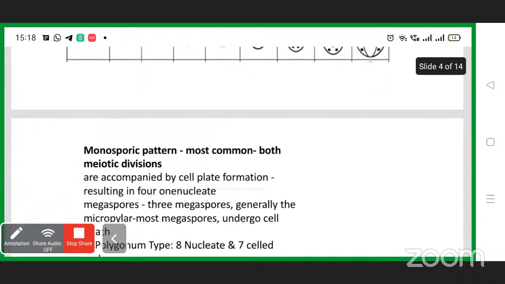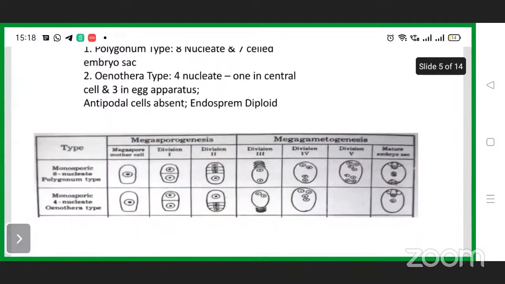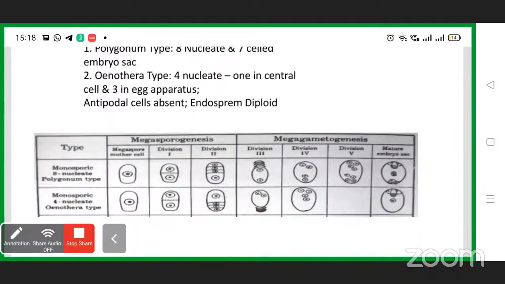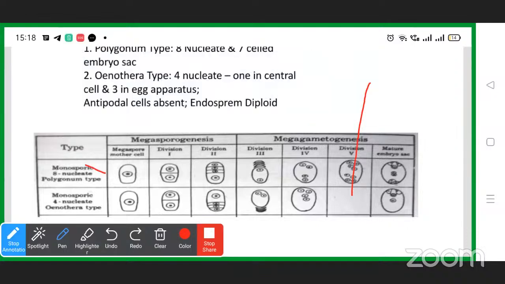Okay, and in the monosporic there are again 2 types: the polygonum type and the oenothera type. In the polygonum type, the chalazal megaspore remains and takes 3 mitotic divisions to form the 8-nucleate embryo sac.